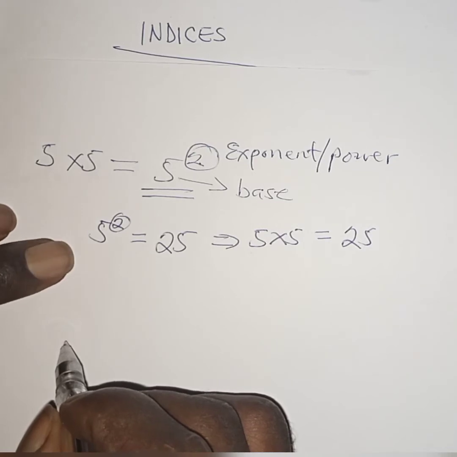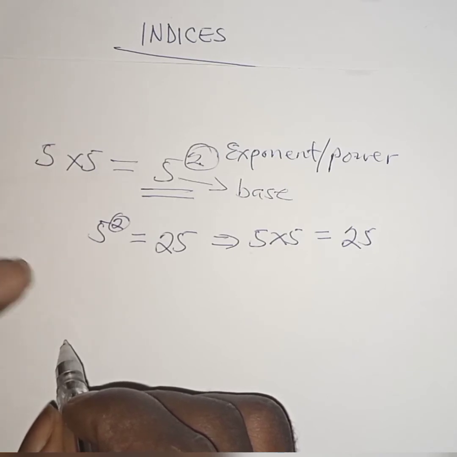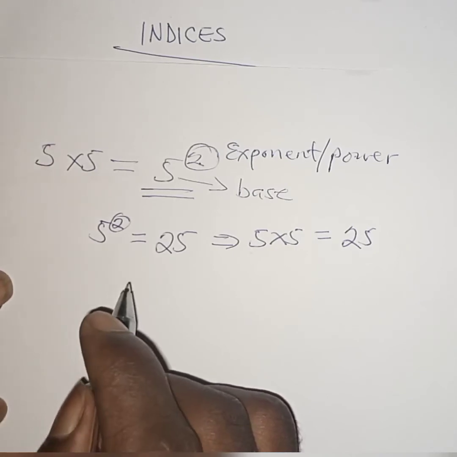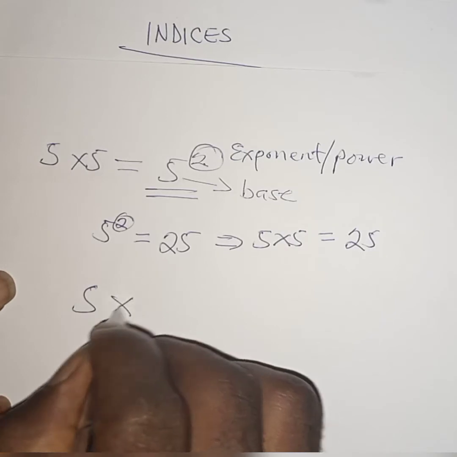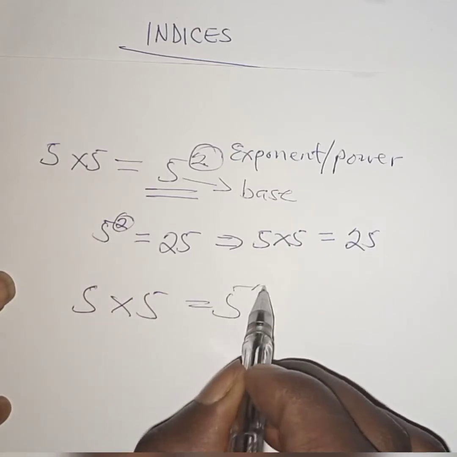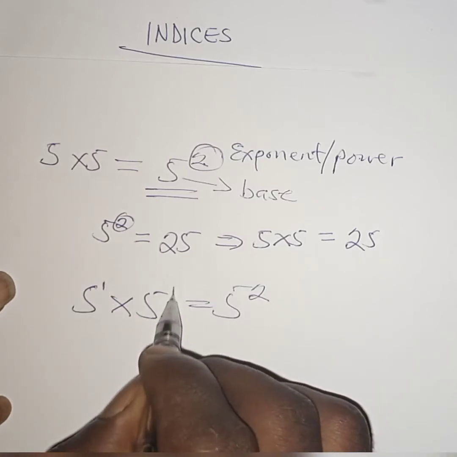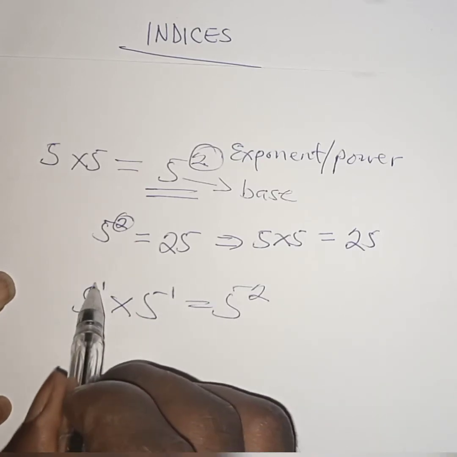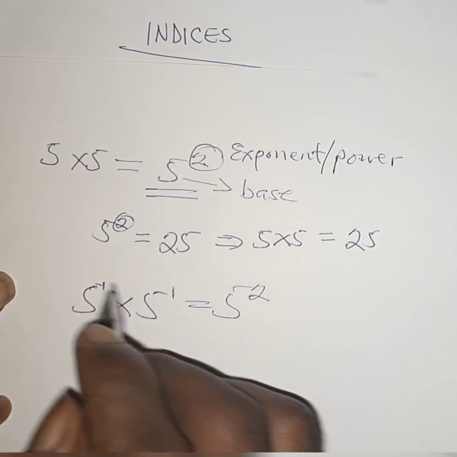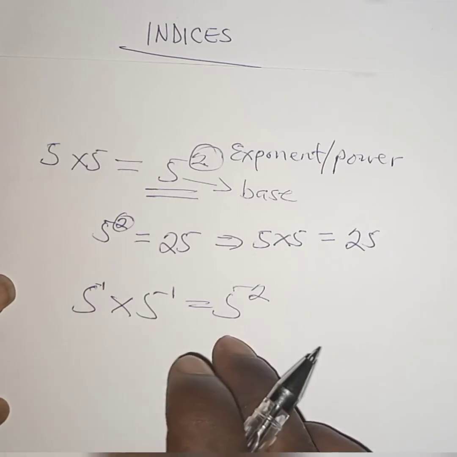This also implies another rule in indexes, which we'll discuss in a subsequent video. When we say 5 times 5, what is derived is 5 raised to the power of 2. Here has the exponent of 1 and here has the exponent of 1. In multiplication of indexes, you add the exponents and take one of the base.